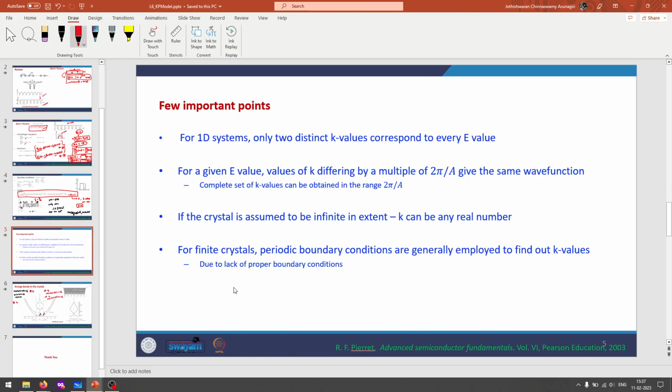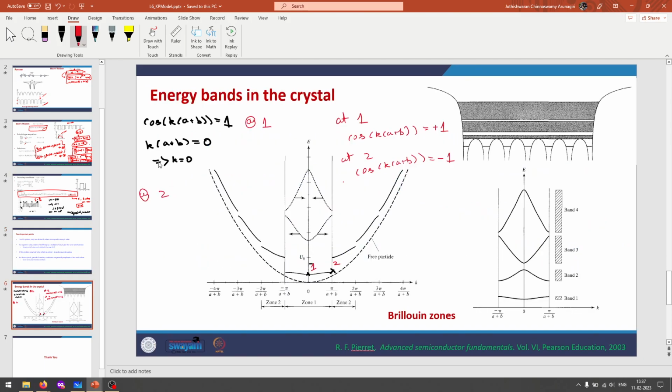Therefore, at point 2, cos of k times a plus b is equal to minus 1, which implies k times a plus b is equal to pi. Therefore, k is equal to pi by a plus b.